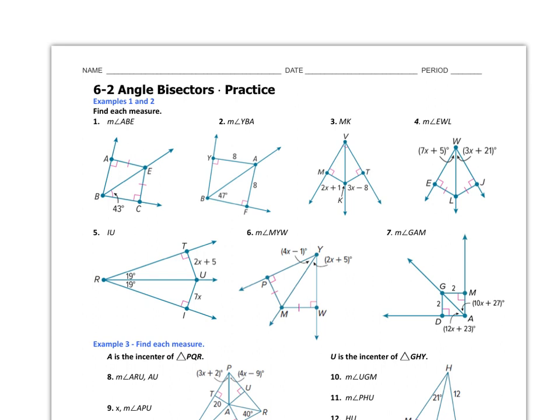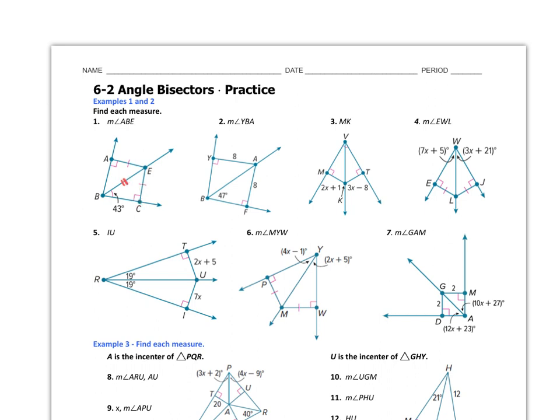So what that tells us here is, even if I throw all that bisector stuff out and just talk about congruent triangles, I have triangle ABE, and it is going to be congruent to triangle CBE because we have a 90-degree angle, so we have a hypotenuse leg.